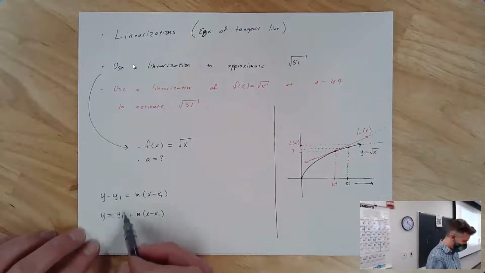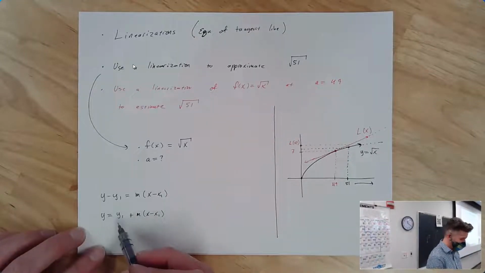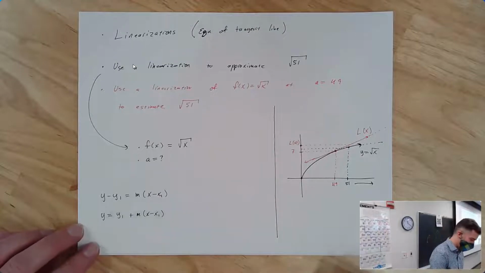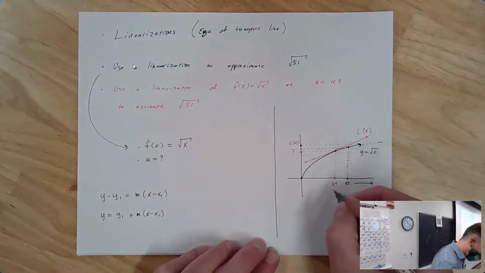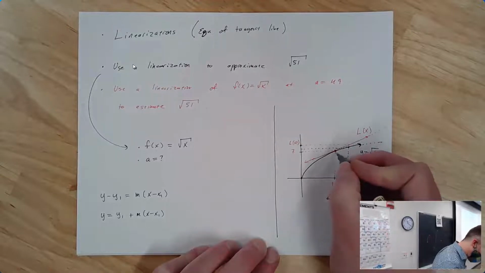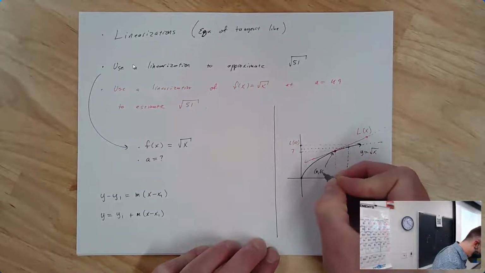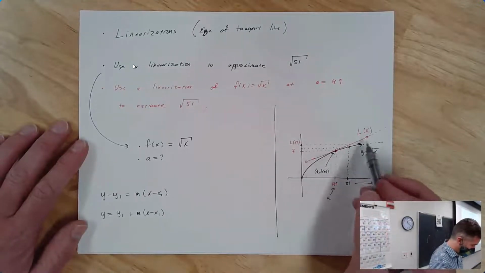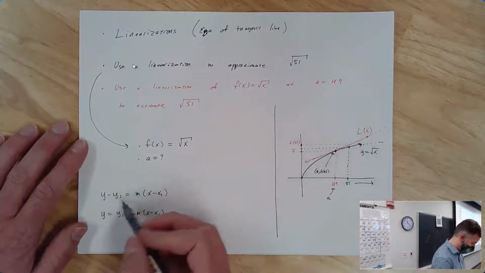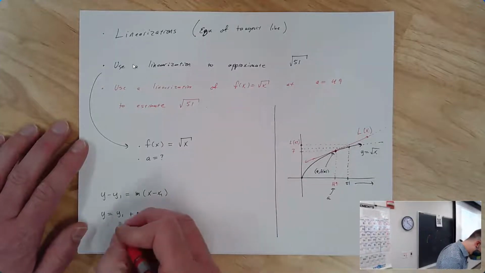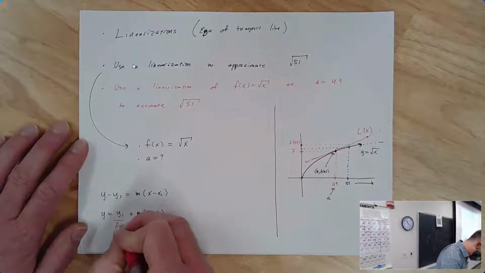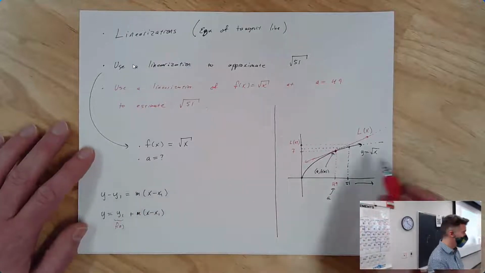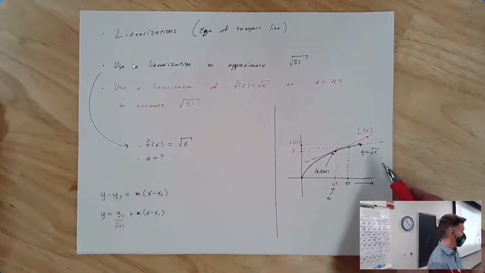And then instead of writing y1, I'm going to write f of a. Because what I'm really doing here is saying this is my a value, and this coordinate here is a comma f of a. So if I'm finding the equation of the tangent line at this point, it's my y value plus the slope. Well, the slope is just the derivative evaluated at that point.